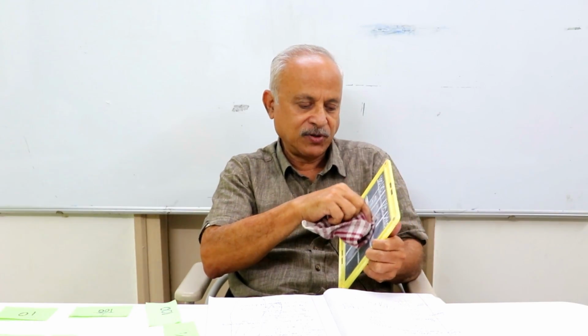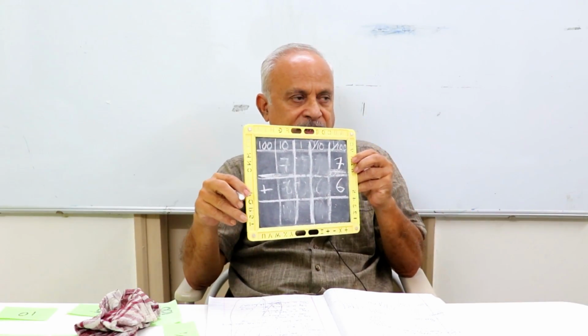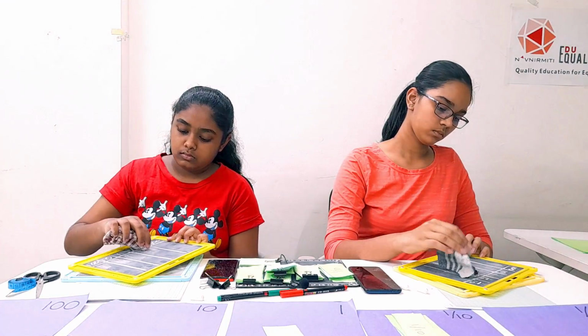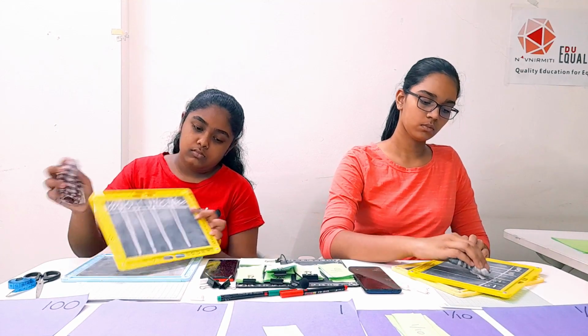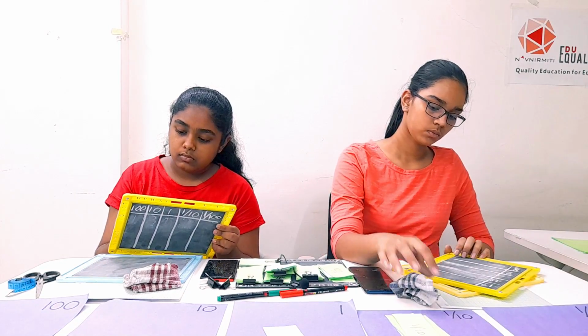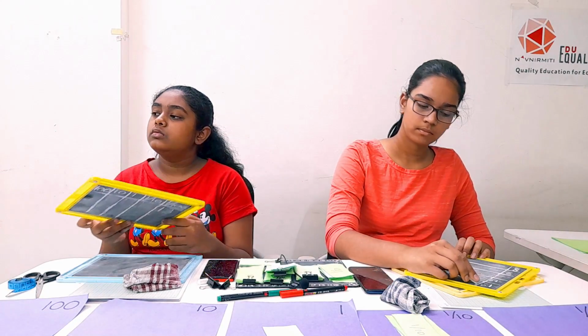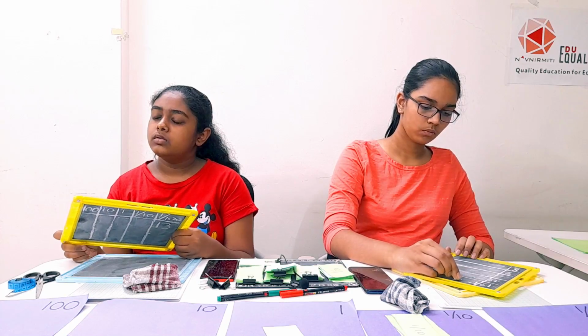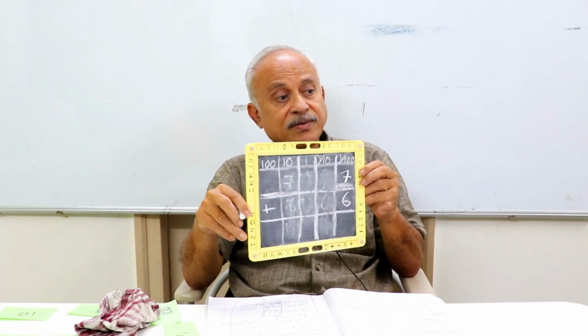The next problem is this. You have to write it. First do it when I'm writing it in the houses. Write it in the houses. Look at this problem. Write the answer first in the houses.